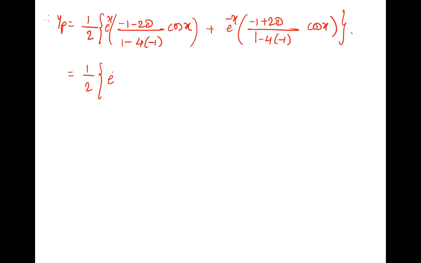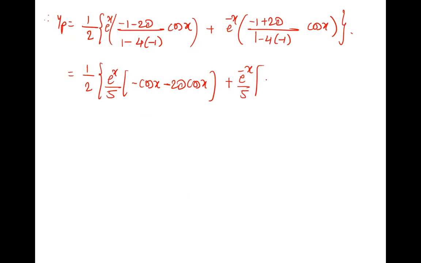Okay, so it is e raised to x. How much is the denominator? 1 plus 4, that is 5, and this into this, that is minus 1 into cos x minus 2D into cos x. Similarly here, what is the term? E raised to minus x upon 5, correct.